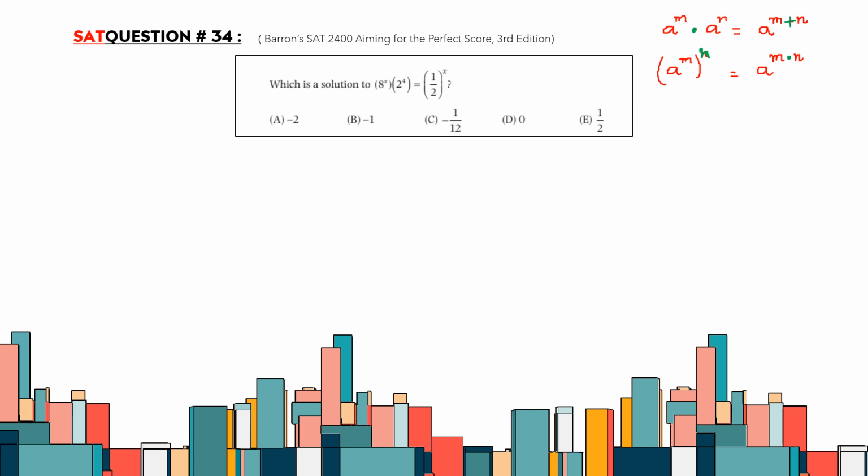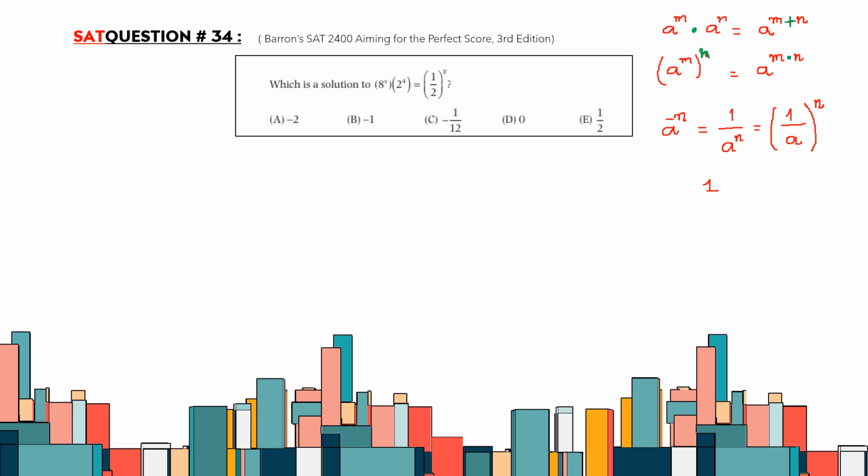Then the last one is if we have a to the power of negative n, that will be 1 over a to the power of n. And this one also can be 1 to the power of n over a to the power of n.